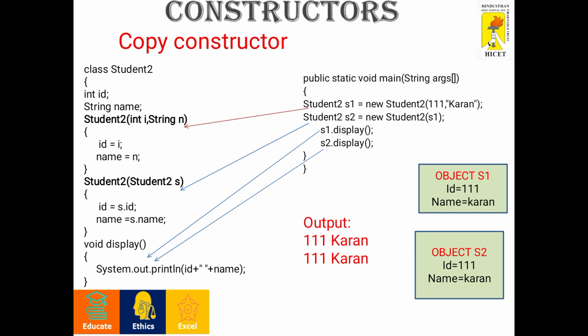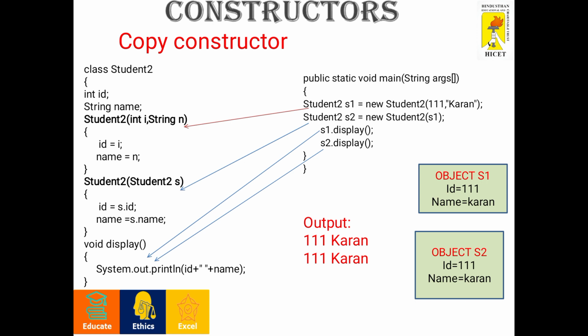That is, the variable id of s1 will be assigned to the variable id of s2, and similarly the name variable. So this statement will copy the values of object s1 into object s2. So both s1 and s2 will have the same values for id and name.